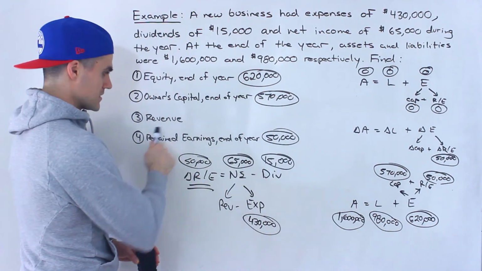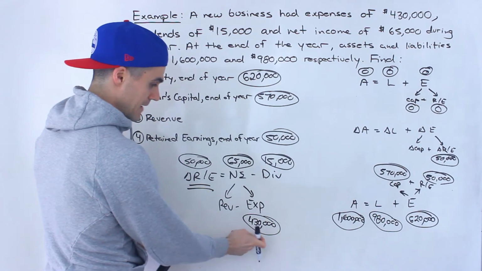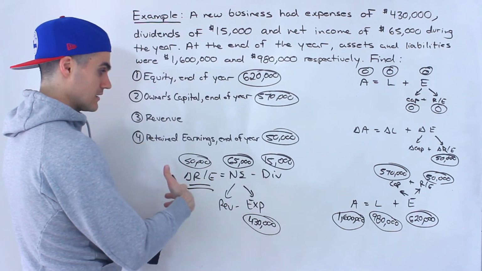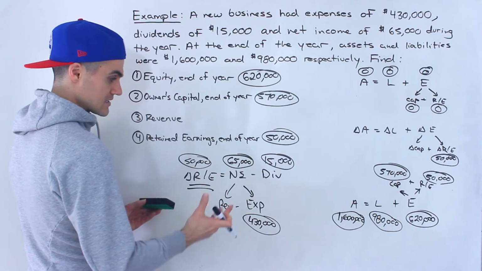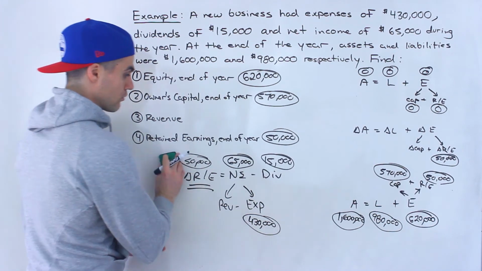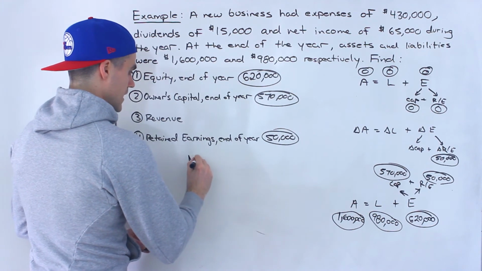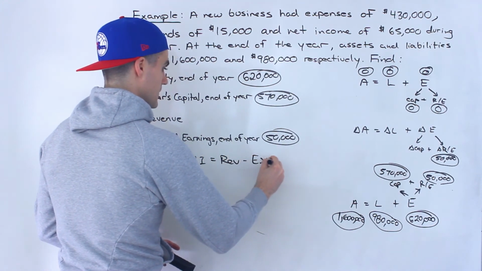And then the final item is the revenue, and we can get that over here because notice that we have the expenses and we have the net income. And we know that what? Net income is equal to revenue minus expenses. So net income being 65,000, expenses being 430. So one more time, net income equals revenue minus expenses.